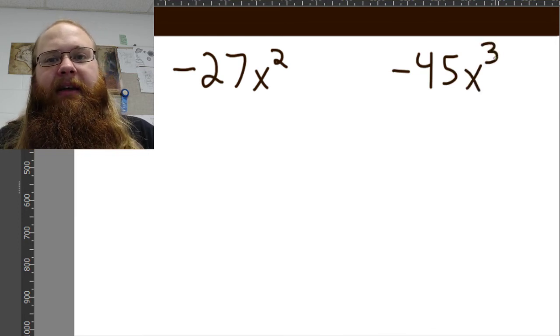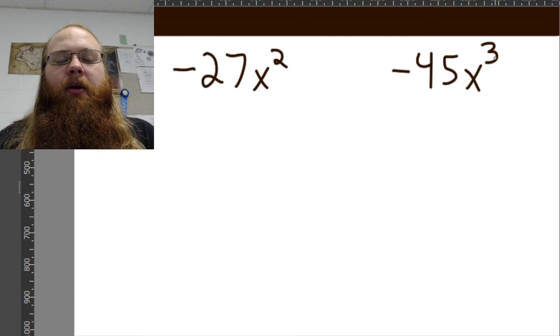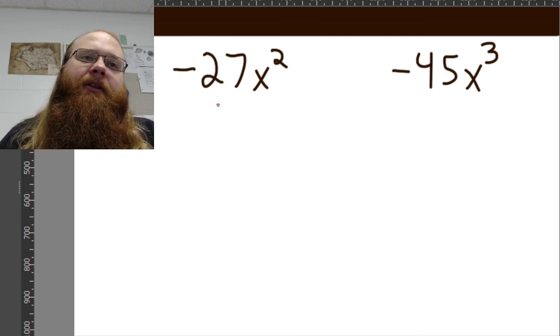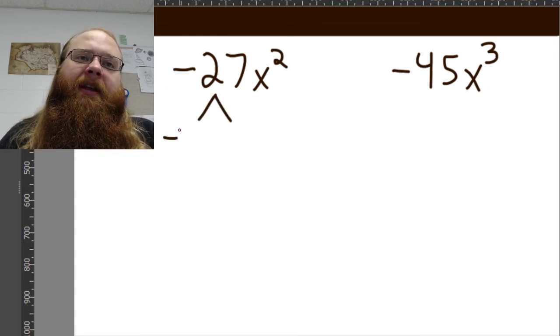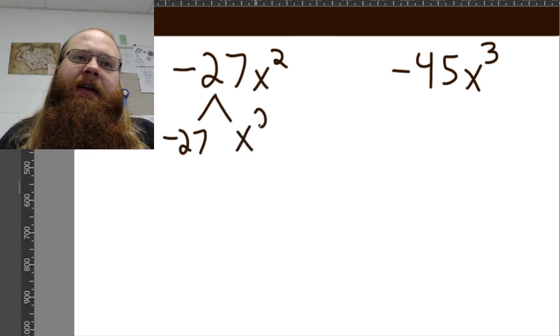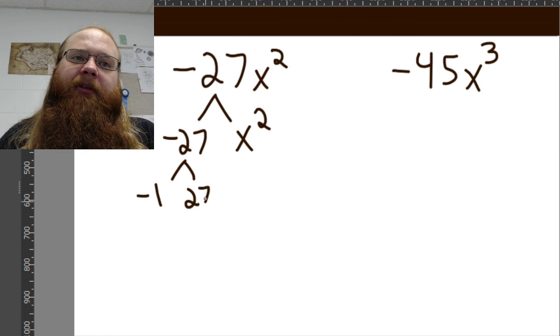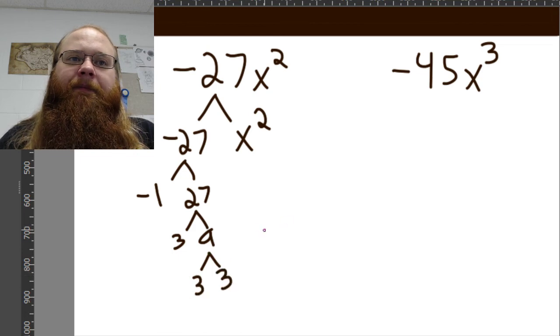So go ahead and take a second, pause the video, and work these out. Okay, so let's go over these. We get negative 27x squared. We're going to split off that negative 1 before we start factoring the 27. 27 is 3 and 9, and 9 is 3 and 3.